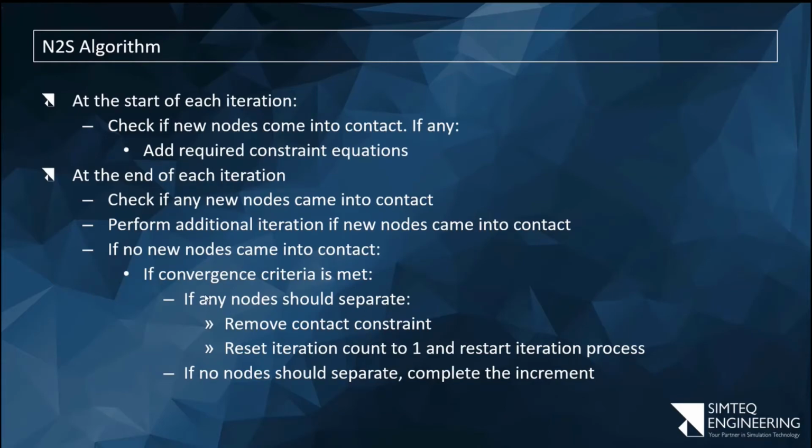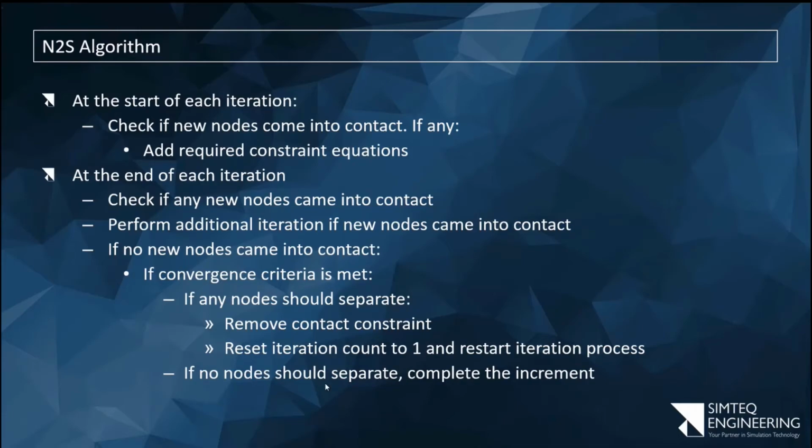So once it's converged and it detects nodes which can separate, it removes those constraint equations, and then it resets the iteration count to 1, and then it restarts the iteration process. Okay, so no result is written because the contact status wasn't correct, even if the convergence tolerance and force and displacement may have been met.